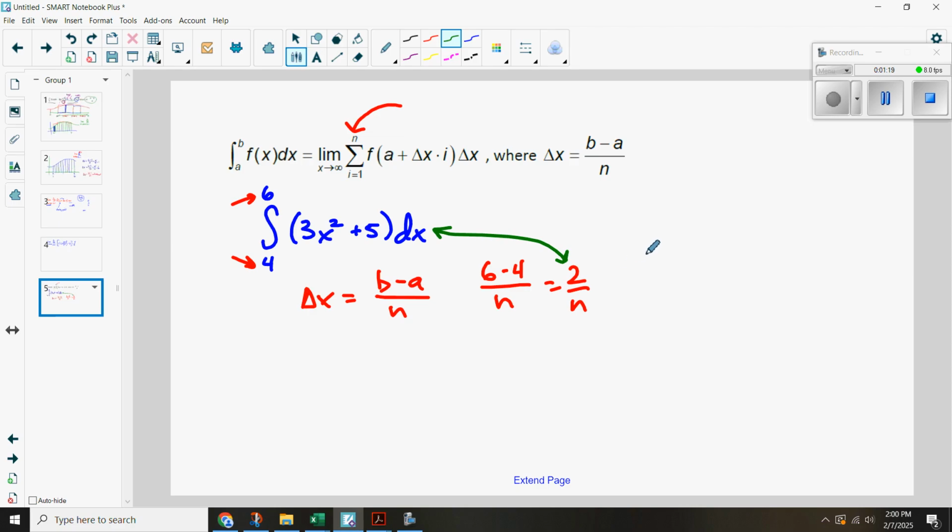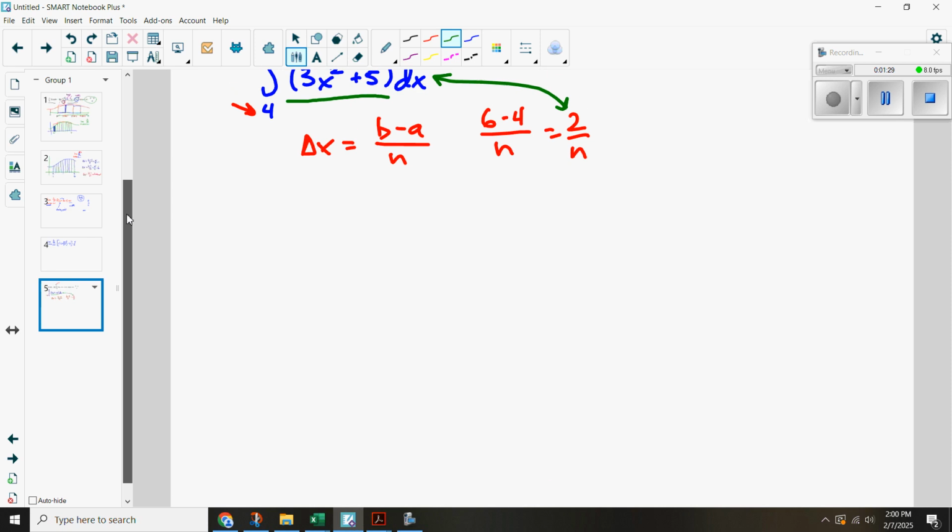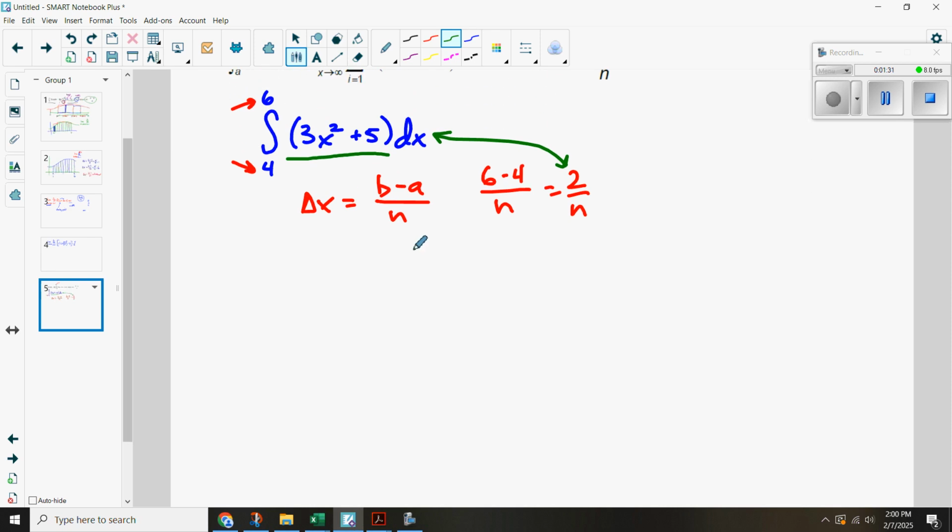Now I'm going to look at the integrand, the part of the integral that is being integrated, the function here. And I'm saying, well, what in this is changing? Well, it's the x that's changing. And how is it changing? This is what's changing.